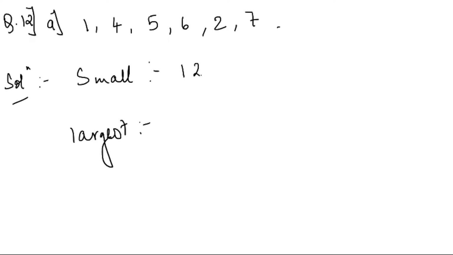ये number क्या बन गया? Ones, tens, 100, 1,000, 10,000, lakh. 1,24,567. This is the smallest number. Now largest 7, 6, 5, 4, 2, 1. So it will become 7,65,421.